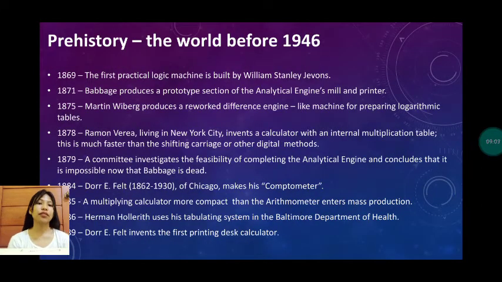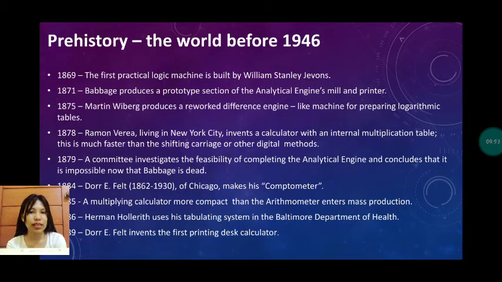So, the world before 1946. In 1869, the first practical logic machine is built by William Stanley Jevons. In 1871, Babbage produces a prototype section of the analytical engine's mill and printer. In 1875, Martin Wiberg produces a reworked difference engine-like machine for preparing logarithmic tables. In 1878, Ramón Verea, living in New York City, invents a calculator with an internal multiplication table.